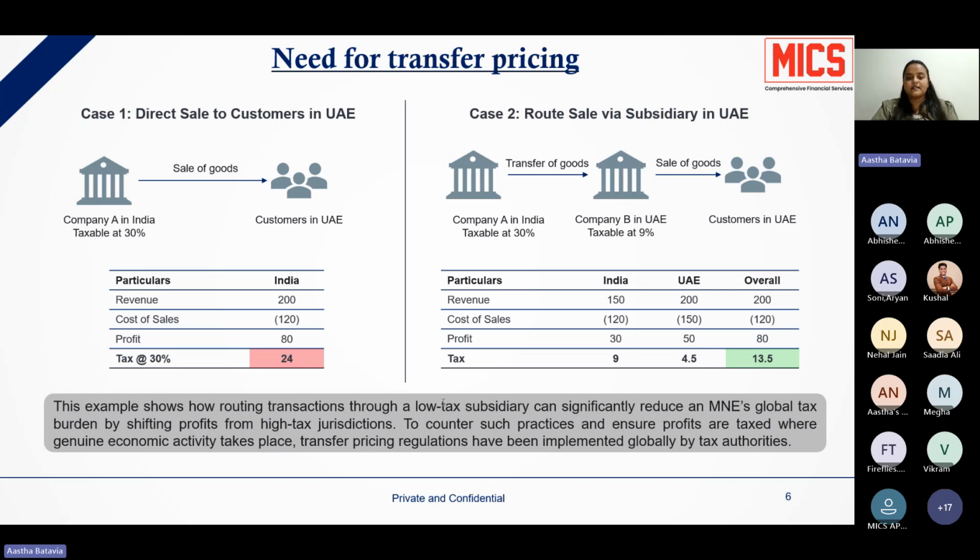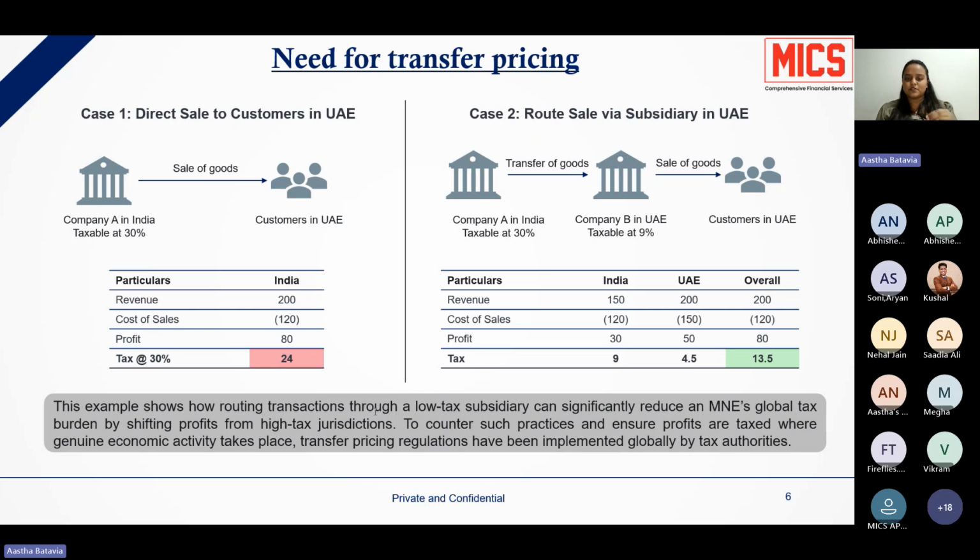This example shows how multinational enterprises, because of their global footprint, can shift profit from high tax jurisdiction countries to low tax jurisdiction countries, even when the total income remains the same. As we have seen, the total income remains $80 in our example.